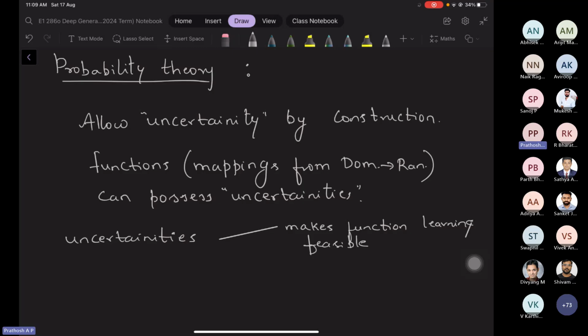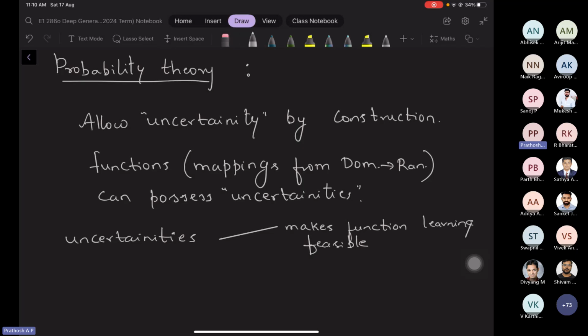Because if you are giving more freedom to the model, or rather the paradigm, I don't care if you tell me exactly which element from the range set gets mapped to this particular element in the domain set. I only care that you tell me the chances of this particular member in the domain getting mapped to a particular member in the range set.